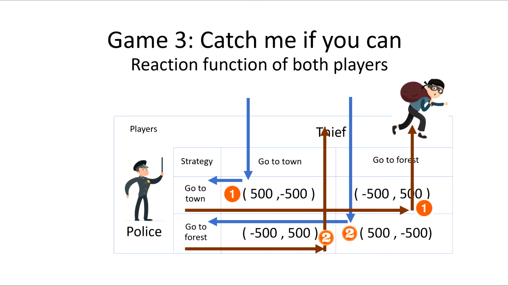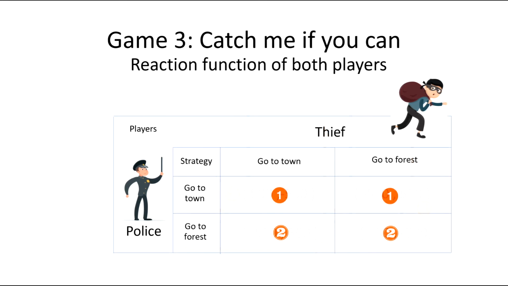You see that now we have no place where ration function number 1 stays together, and no place where ration function number 2 stays together. Ration function number 1 stays in 2 cells and ration function number 2 stays in 2 cells. So there is no matching between the ration functions, so there is no Nash equilibrium.